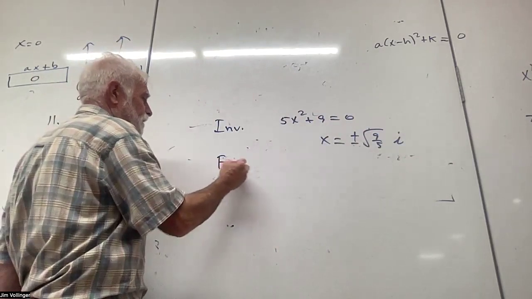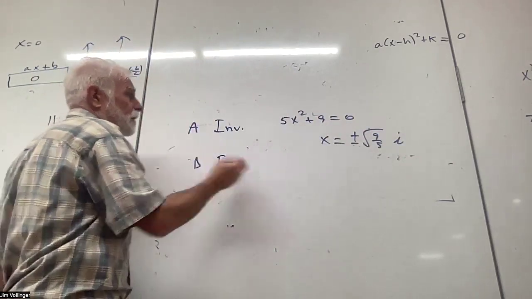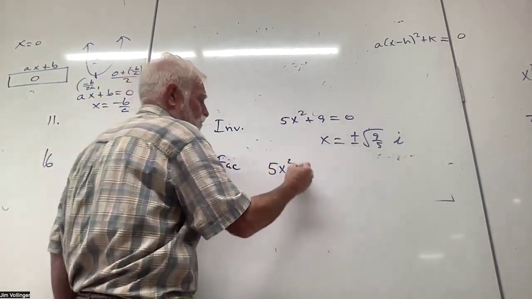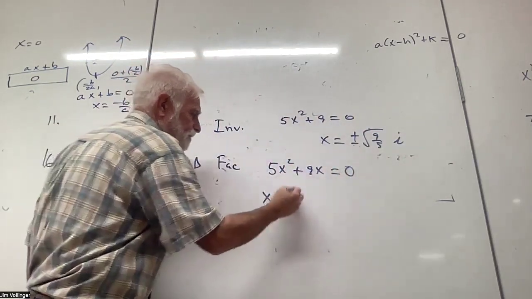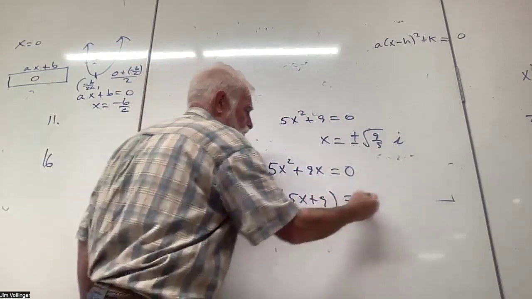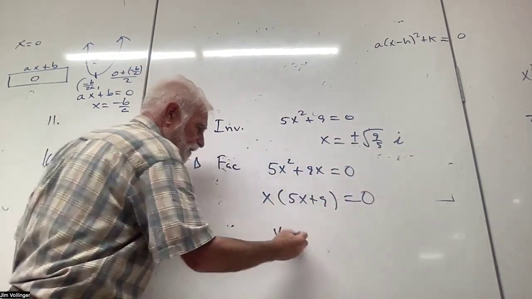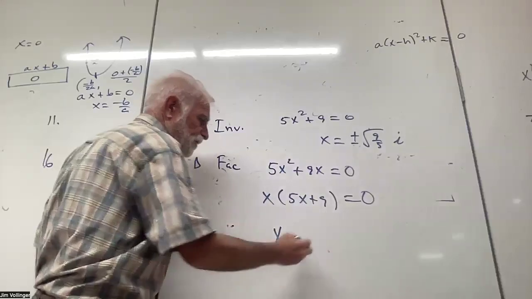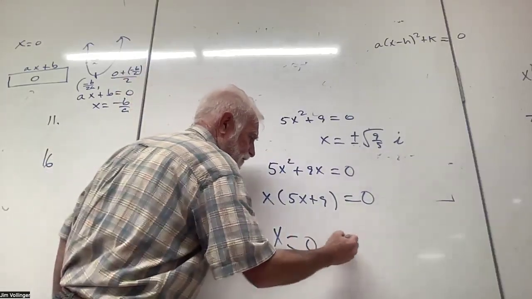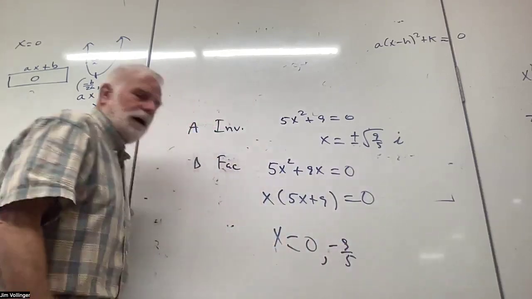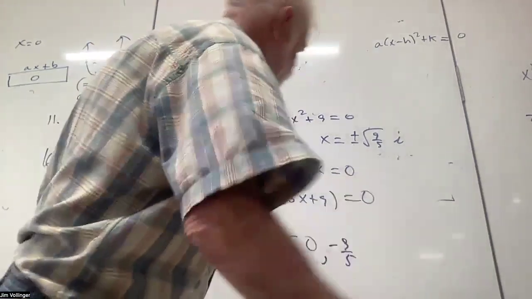Factoring, type B. 5x squared plus 9x equals 0. X times 5x plus 9 equals 0, recognizing that this intersects at a height of 0 when x is 0 and when x is -9/5. Right? Type C.